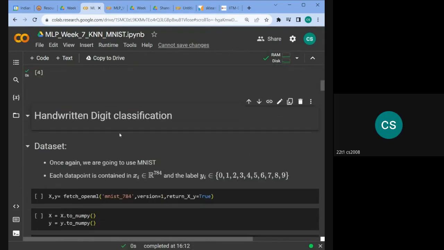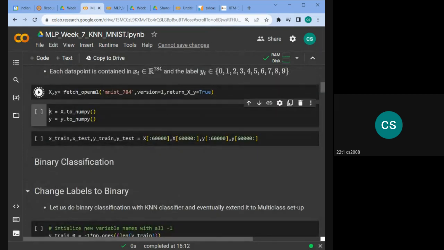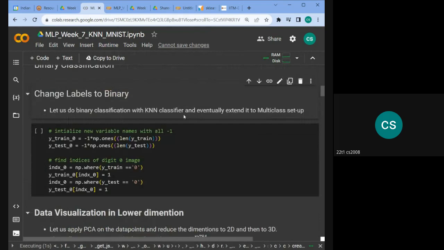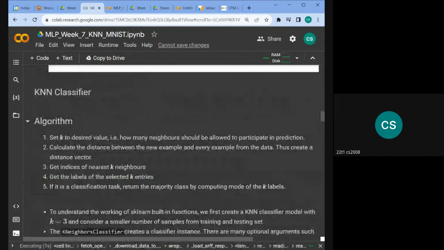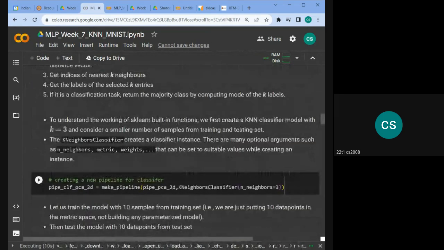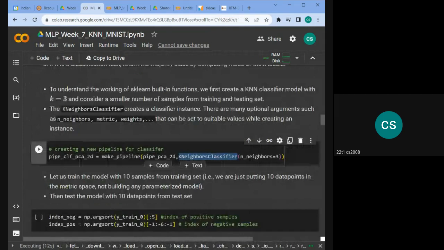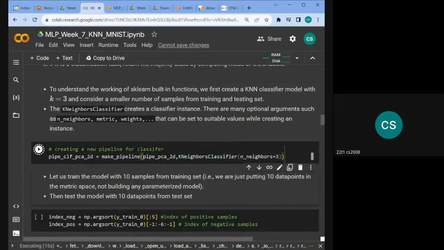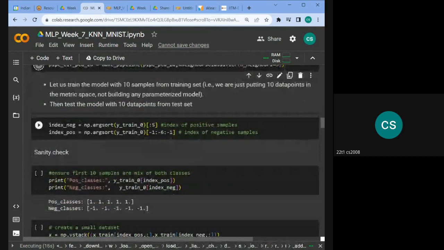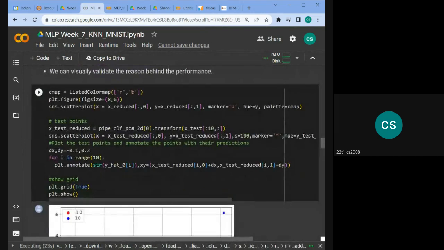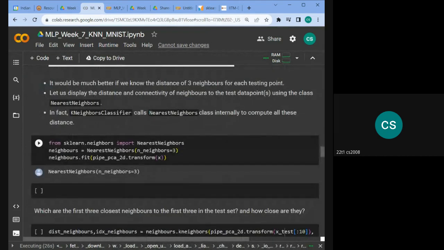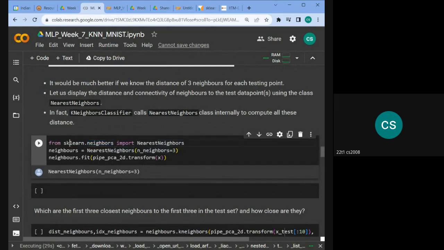Let me show you what I mean, this X and Y, let's say a binary classification. Here you can see sklearn.neighbors NearestNeighbors, and we created an object of this NearestNeighbors.